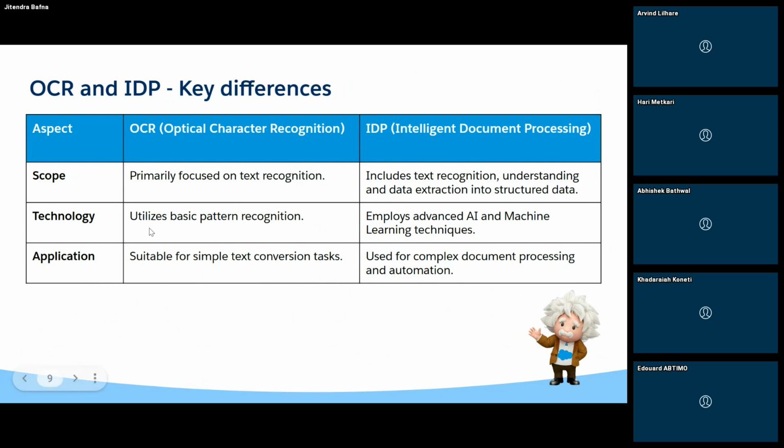OCR uses basic pattern recognition, with some predefined patterns. But IDP uses AI and ML, a large language model or pre-trained model, to extract the information. So OCR is just suitable for text conversion tasks, whereas IDP can be used for complex document processing, and even for automation purposes, right? That is the key difference between OCR and IDP.